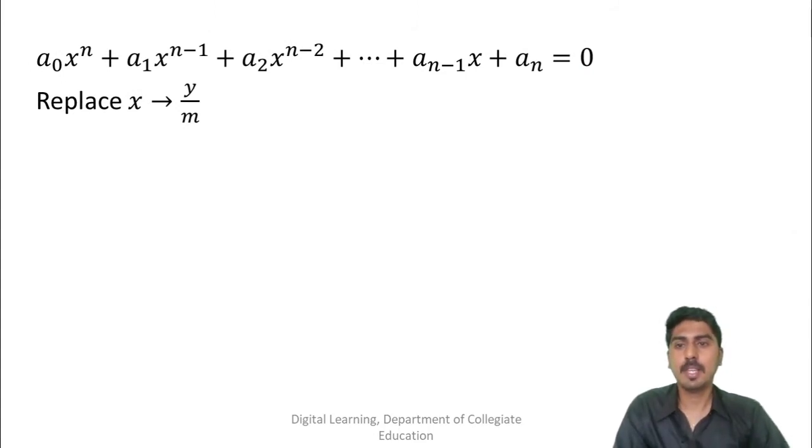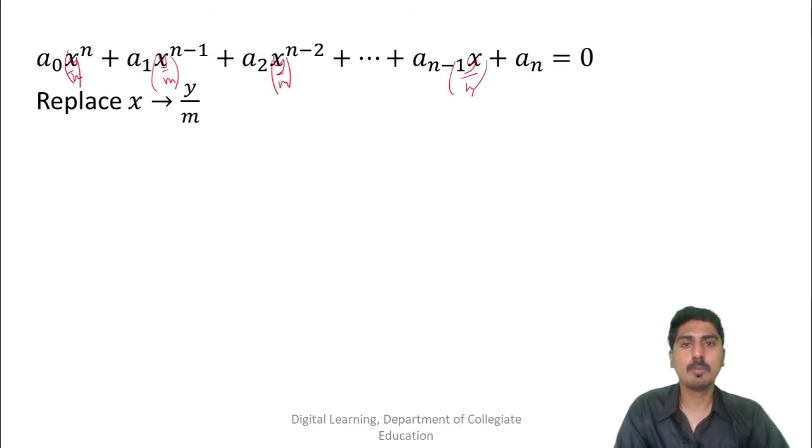When I replace x by y by m, here I get y by m to the power n, here I get y by m to the power n minus 1, here I get y by m to the power n minus 2, and here I get y by m.